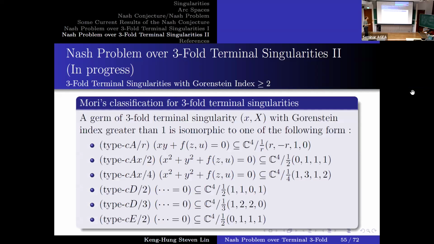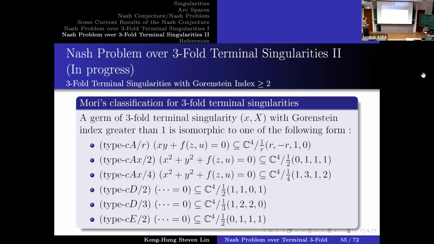So the final case is 3-fold terminal singularity with higher Gorenstein index. Recall that from Mori's classification of such terminal threefolds, we have a classification result: if X is a 3-fold terminal singularity with higher index, then it is isomorphic to one of the following cases.